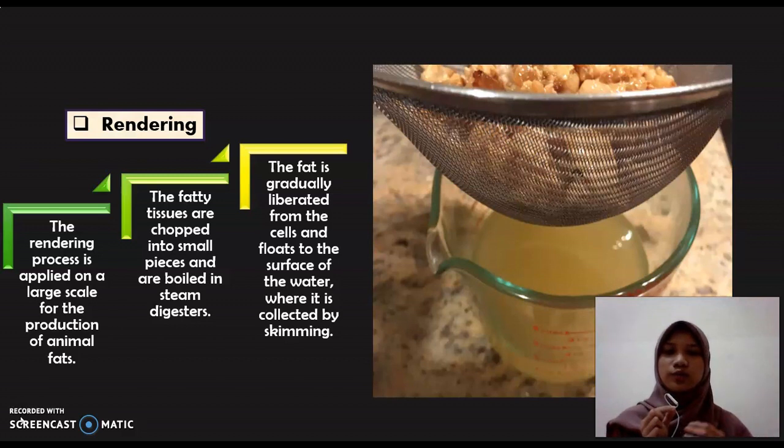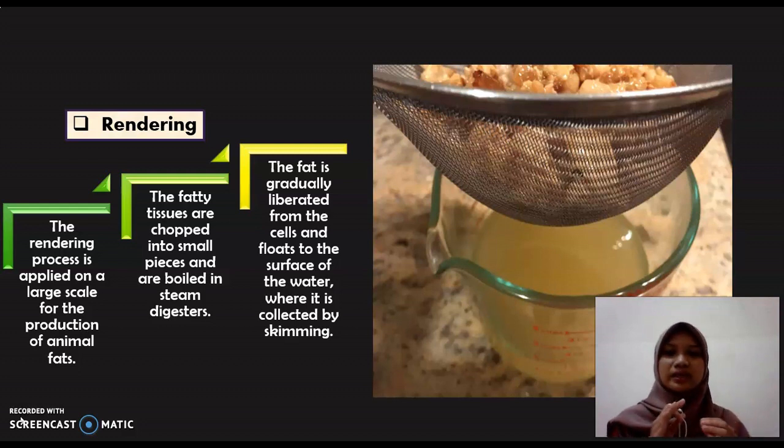So how does the process occur? First, we collect the fatty tissue from the animal, and then we chop it into small pieces, and then we boil them in a steam digester or any boiling water.